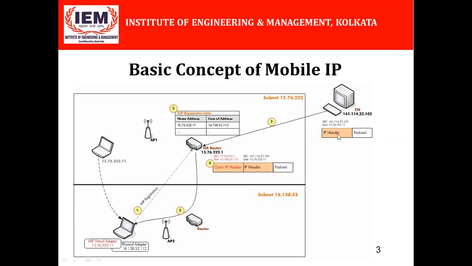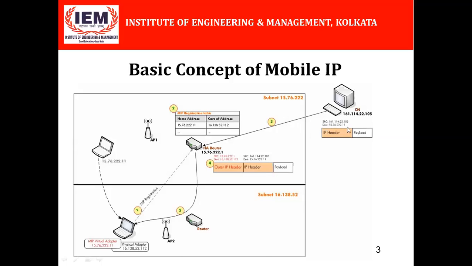What kind of addresses may be found in this IP header? One is the source address. Who is the source? The source is the corresponding node. What is written over here? 161.114.22.105. That is the source address. And what about the destination address?